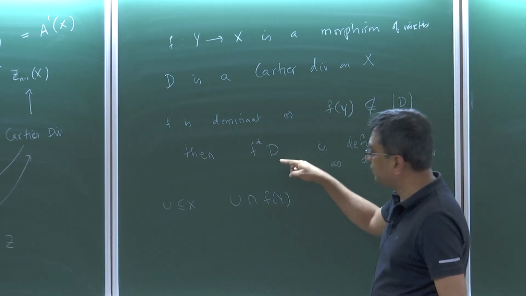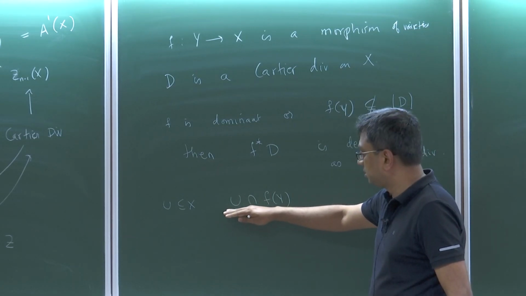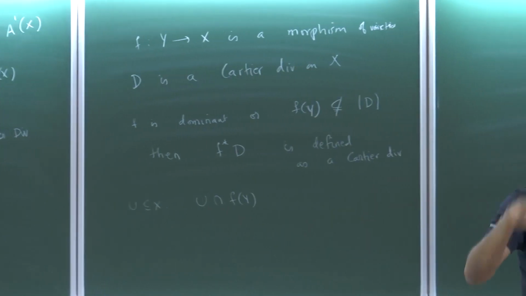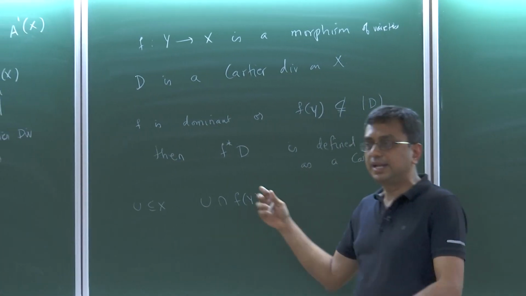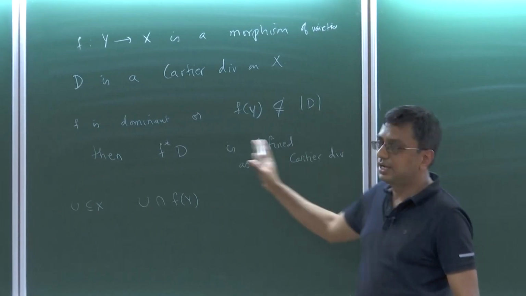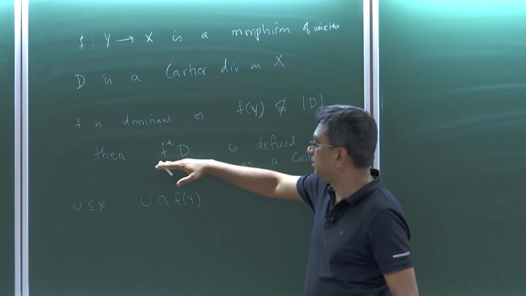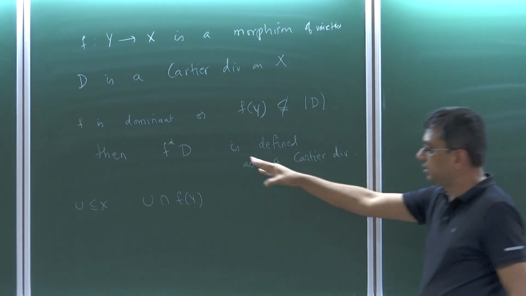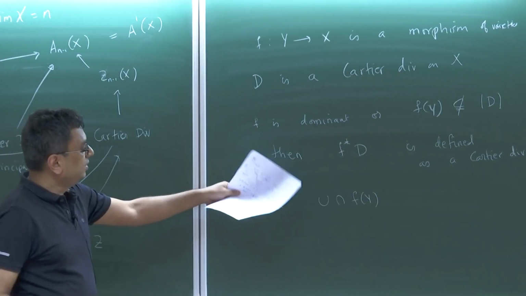Similarly, if I have a rational function which can be written as numerator by denominator, both of which do not vanish on f(Y), then I can pull back that rational function, which means that if this is not in the support, I can pull back. So the only case in which we are going to pull back Cartier divisors is dominant maps. Okay, but you can define it in this generality.